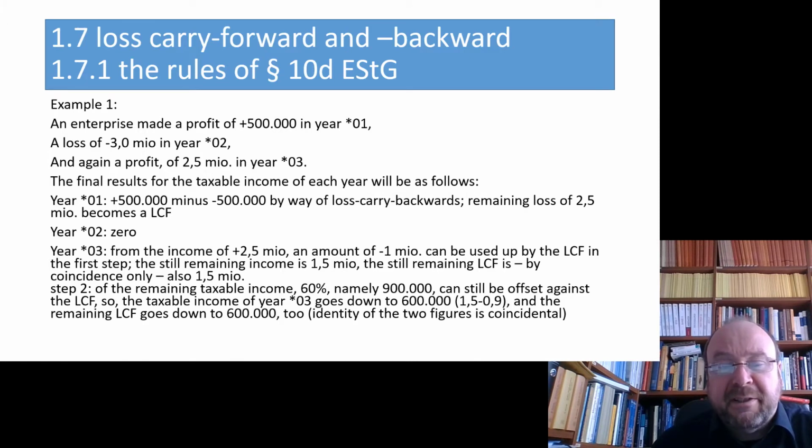So the taxable income of year three goes down to 600,000. And again, you have a look at the loss carry forward. You had 1.5 million. You deducted 900,000, so 600,000 loss carry forward are still remaining and will be carried forward to year four, and so on.